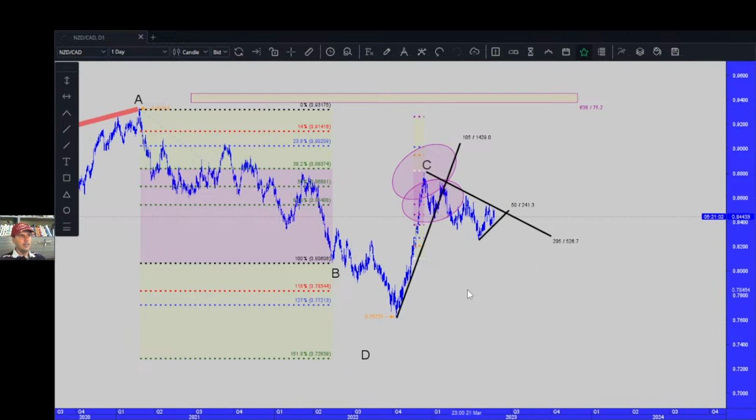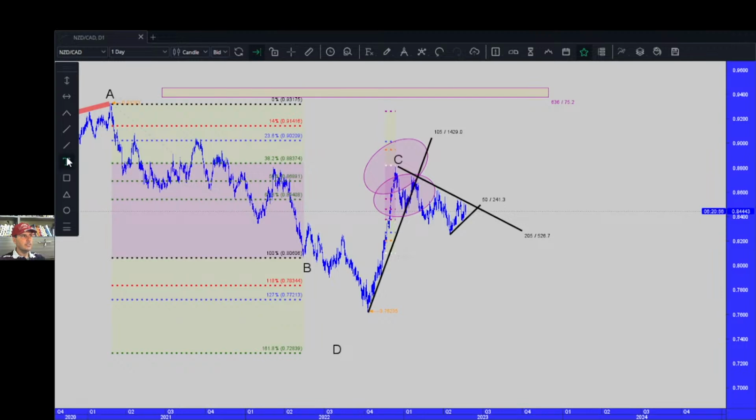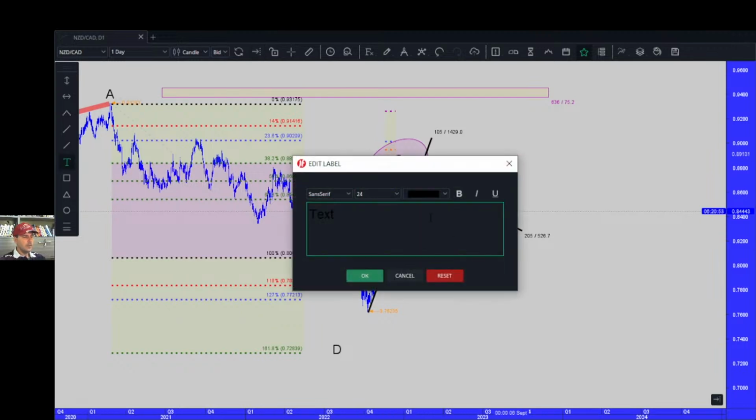Okay? Now this is so important, everybody. Why you win and or lose on the smaller time frames.